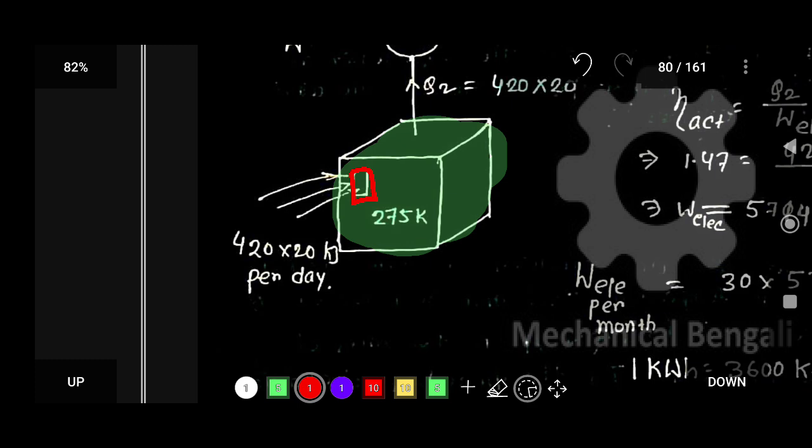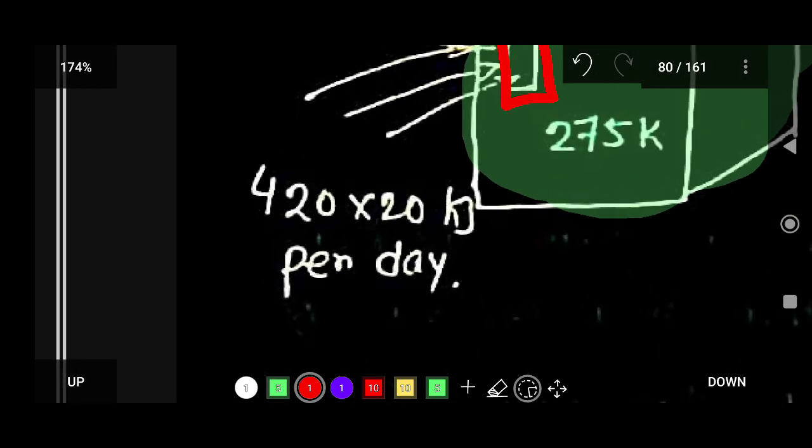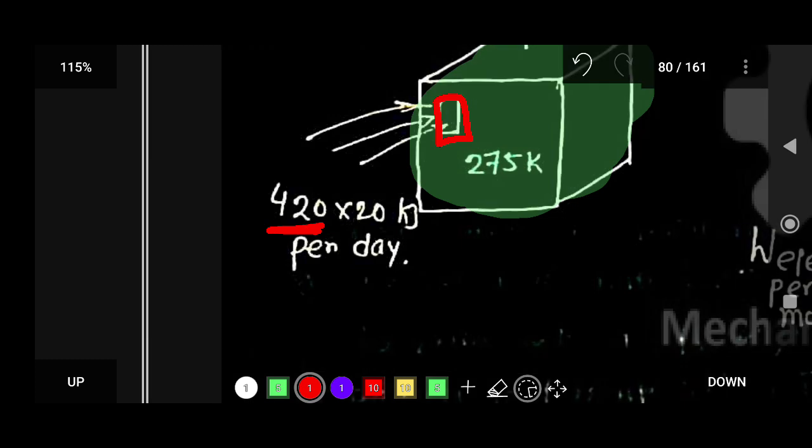Now for each time, 420 kilojoule of heat is transferred into the storage space. So what is the total amount of heat per day? That is 420 into 20 kilojoule per day, because every day the door is opened 20 times.